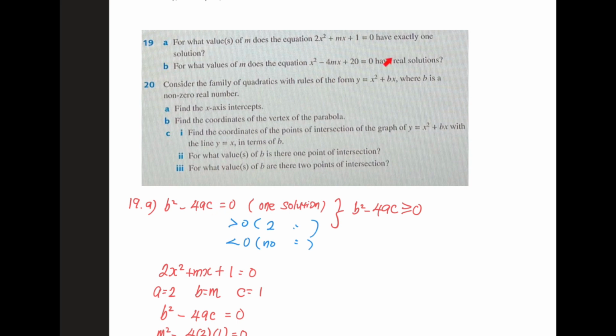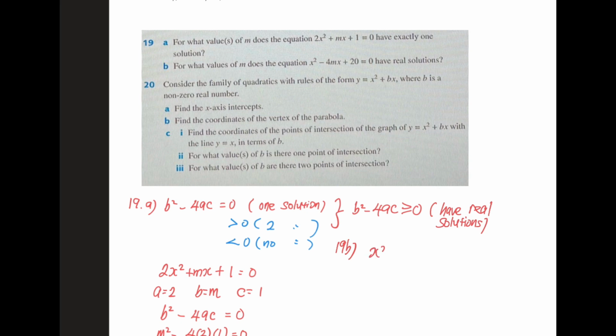Okay, so we have to combine because after all they never mentioned clearly whether it has two different solutions or one solution. It just makes it general, saying that it has real solutions without specifying whether they are two different real solutions or two equal solutions. If they don't mention, then we just use this. So the keyword for this is have real solutions, and then we use this. Okay, so this is 19b.